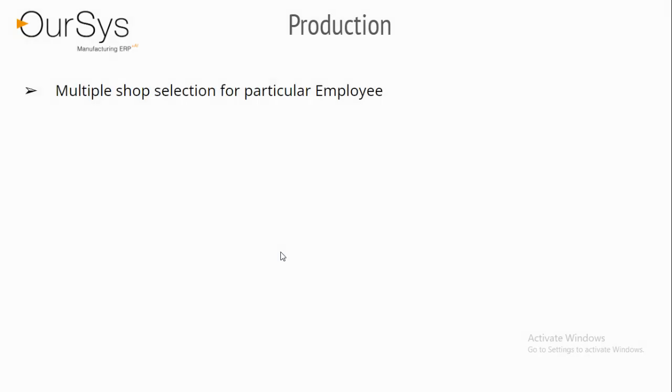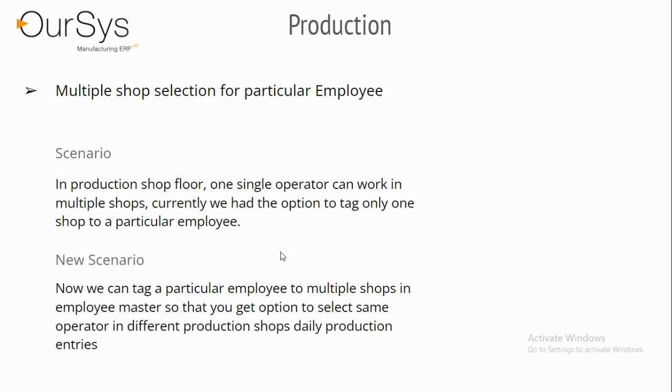Next change we have made in production is the multiple shop selection for a particular employee. Previously we did not have multiple selection of shops for the employee, and the employee could only work at a single shop. That was the previous configuration. In the new scenario, we have given multiple shop selection for that employee, so a single employee can work at multiple shops.